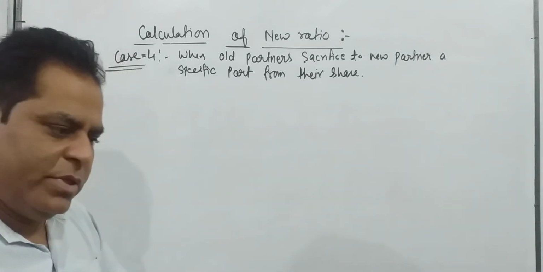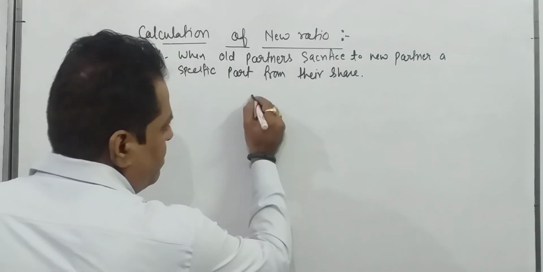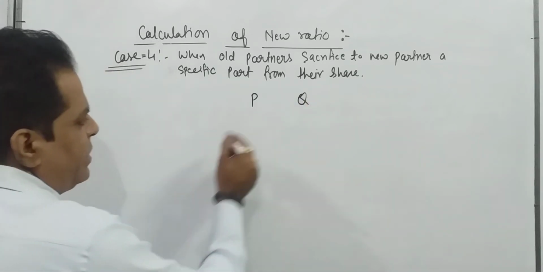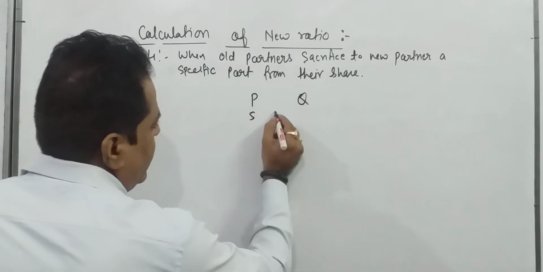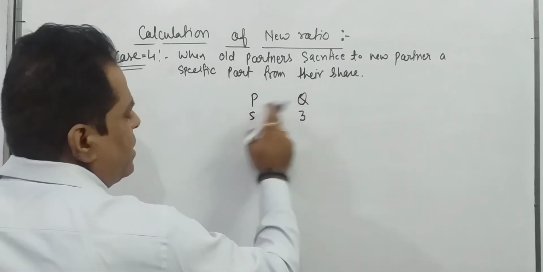Okay? So see how to calculate new ratio in this case. Suppose there are two partners P and Q, and they have profit sharing ratio 5:3.